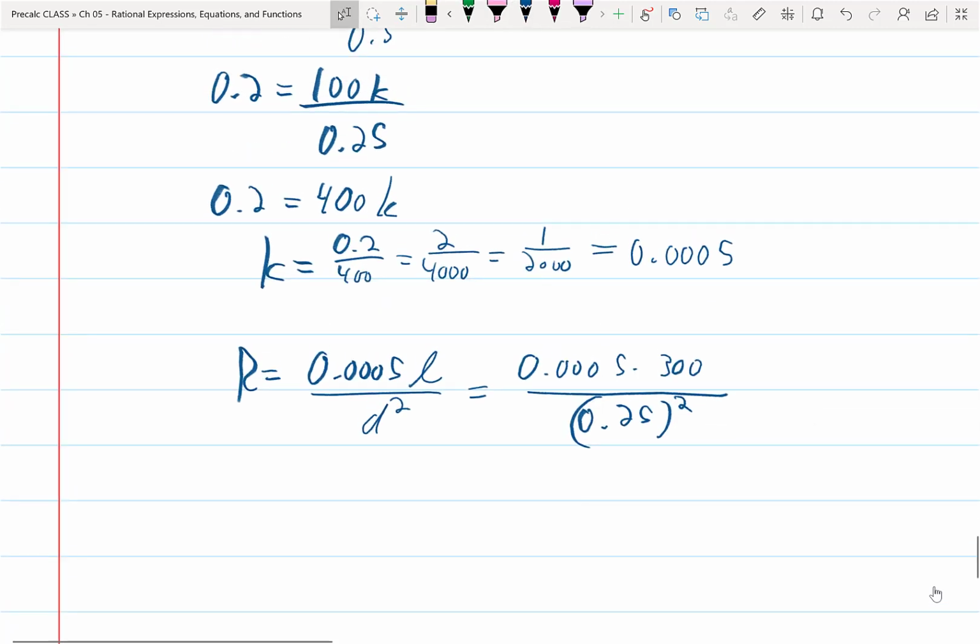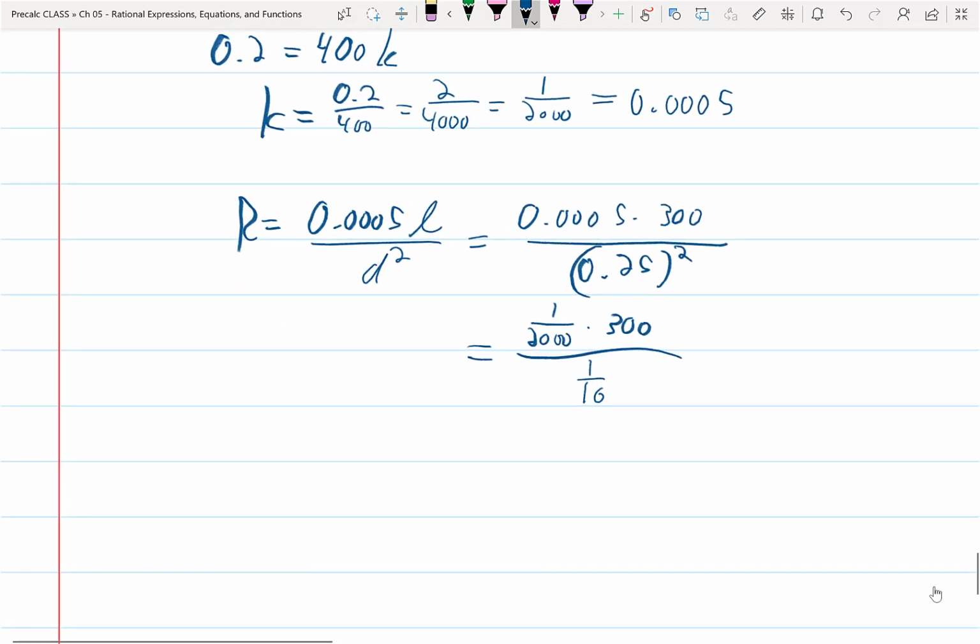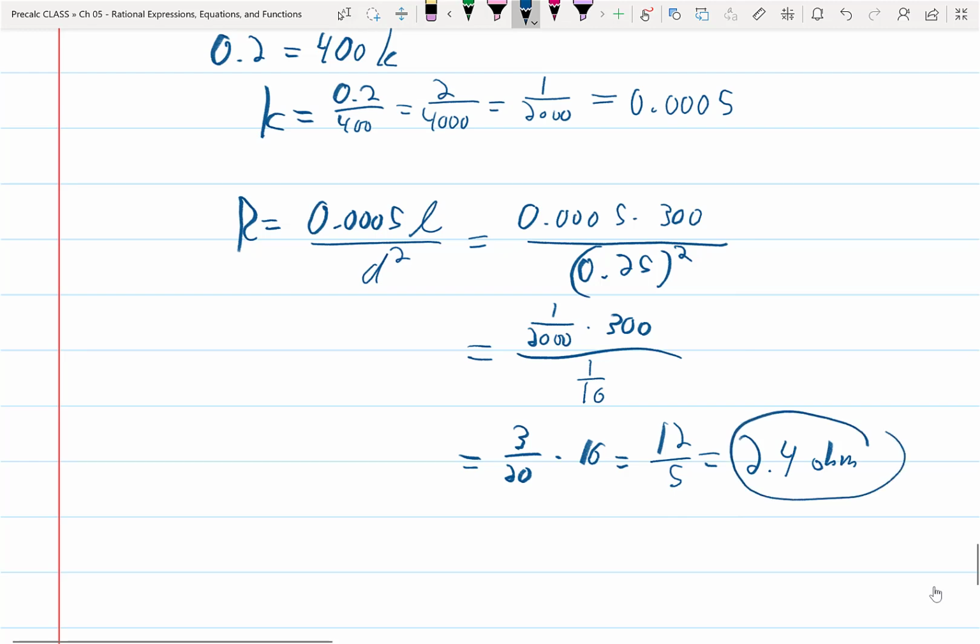I'm actually going to do this with fractions, so I'm going to go back to the fraction form. 1 over 2,000 times 300 over 0.25 squared is 1/16, which means I have 3 over 20 times 16. 3 over 20 times 16 is 3 times 4 over 5, so that is 3 times 4 is 12/5, which is going to be 2.4 ohms.